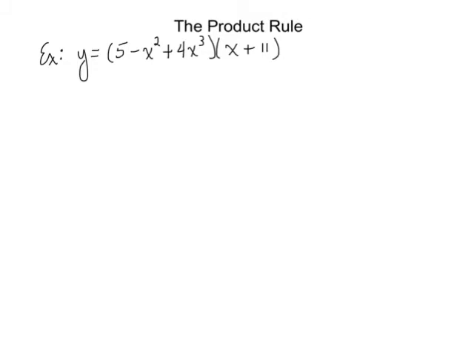I'm going to do a slightly different strategy for this. For some of you, this may work a little bit better in order to help you keep track of what needs to go where. What I'm going to do is write down each of the factors that are involved. So I'm going to write down 5 minus x squared plus 4x cubed.